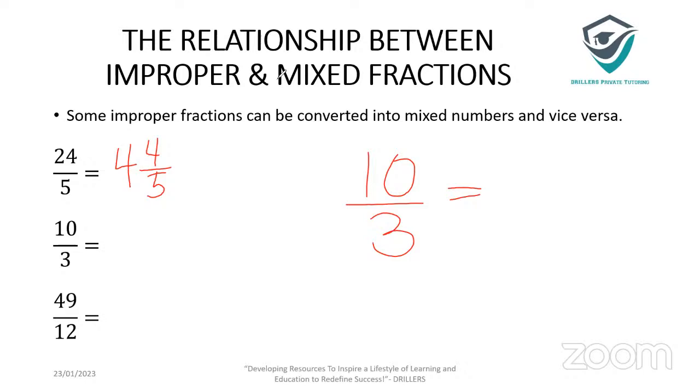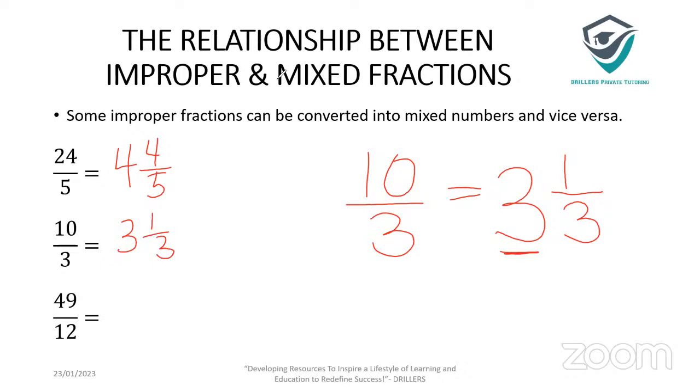We know that 10 divided by 3 is 3 with a remainder of 1. We take that remainder and put it over our denominator, which is 3. If we check back, 3, which is our whole, multiplied by 3 is 9, plus the 1 on top is 10. So that works out. It's 3 and 1 third.